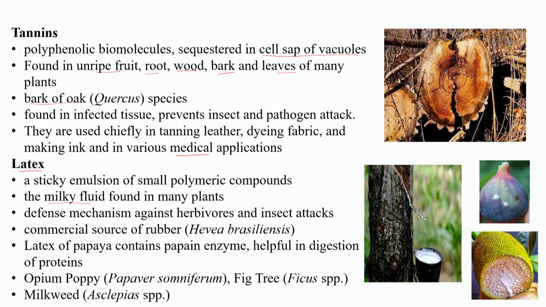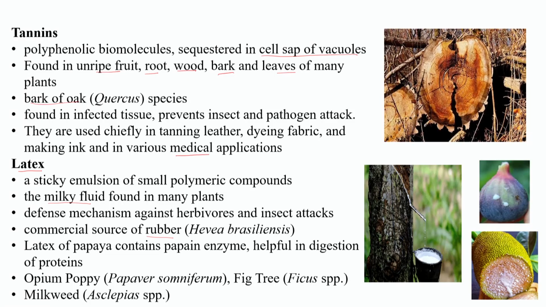In fig also, if it is wounded or pricked, a milky latex will come out. Now rubber is a very important commercial product which is basically made from latex. It is obtained from the latex of the rubber plant, and it is collected and then proper rubber is made from that.